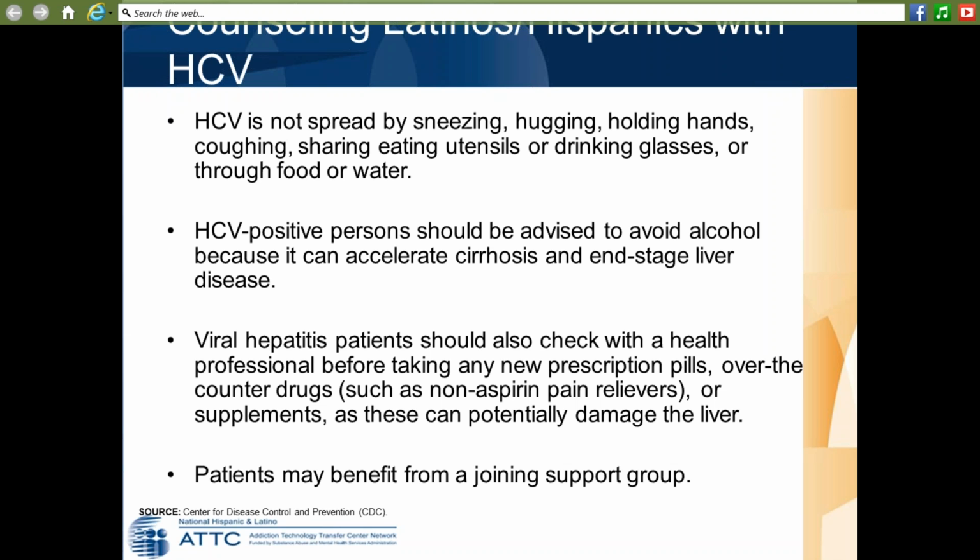So many treatment facilities that are providing HCV treatment, but also some that provide substance use treatment, recovery supports, and that sort of thing, are seeing the need to develop and implement support groups for people because they are dealing with issues of depression. They're also dealing with issues related to recovery from substances, that sort of thing. So counseling people on the importance of joining a support group is important as well.